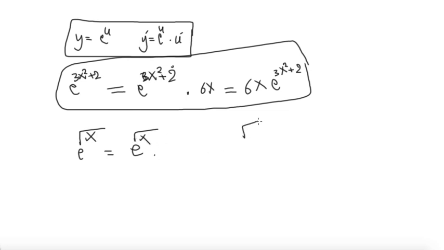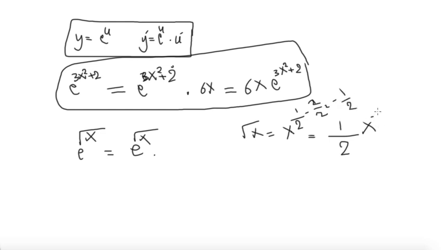We know that the differentiation of square root of x, which is x to the power of 1 over 2, will be 1 over 2 x, and we need to reduce the power by 2 over 2, so it equals minus 1 over 2.